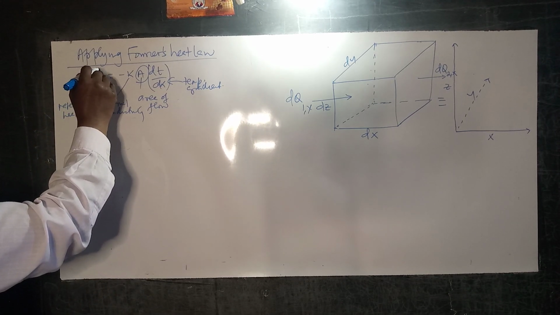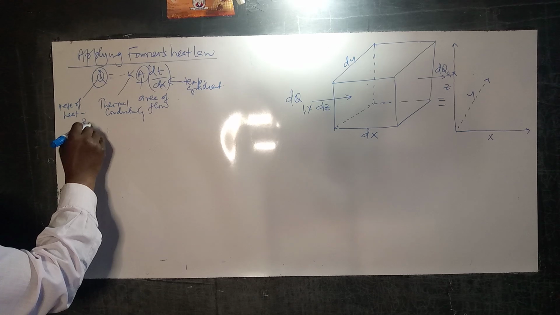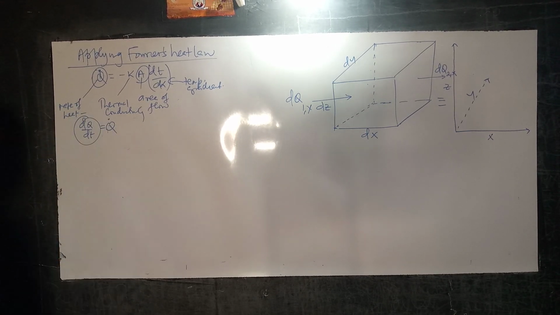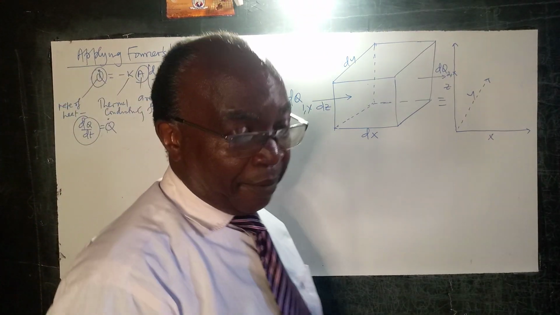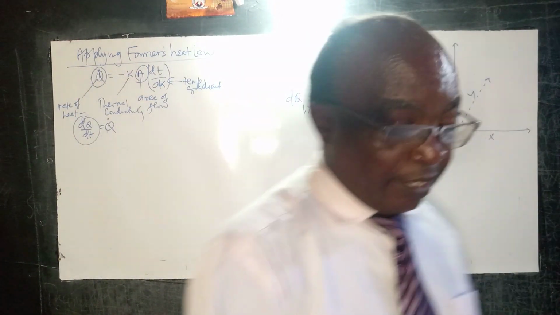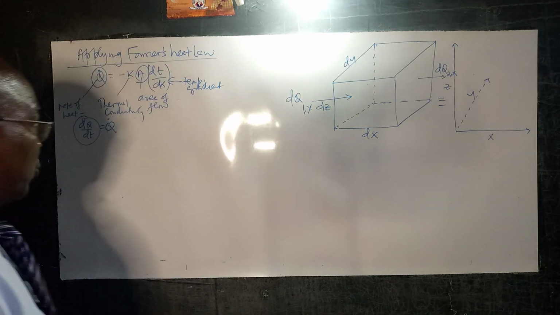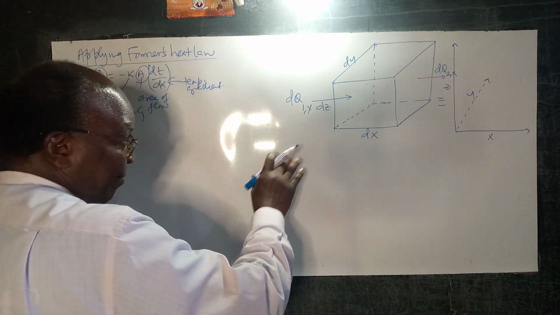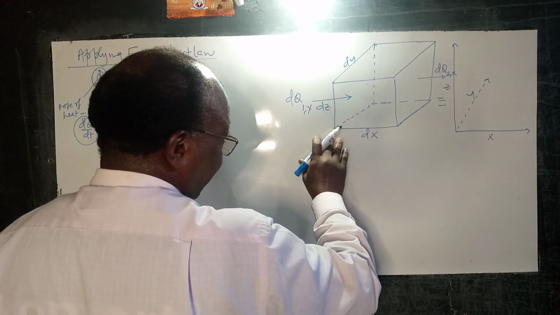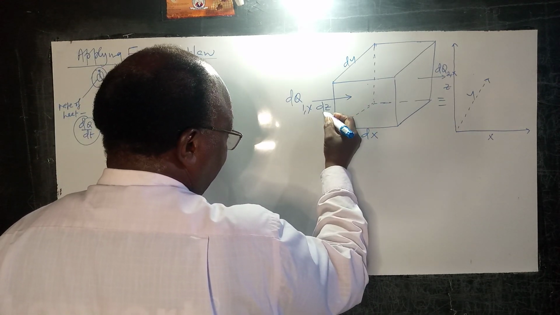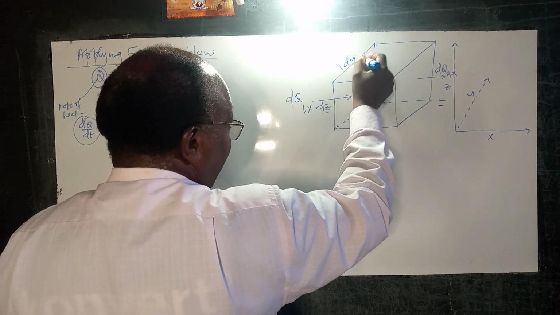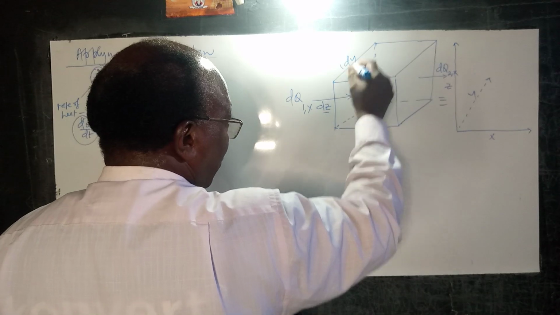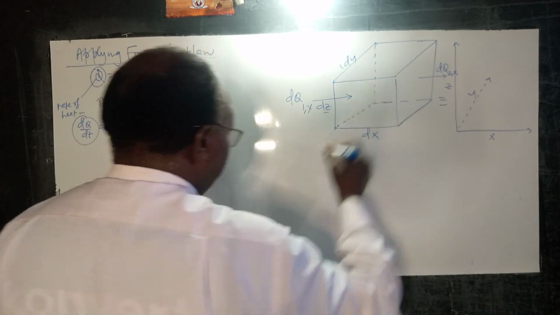I'll put that dot, that's the notation dq over dt. Just put it there so that you familiarize yourself with it. Now, applying Fourier's law to this particular face here, remember this face is dz and dy. That element of area there is dz by dy.